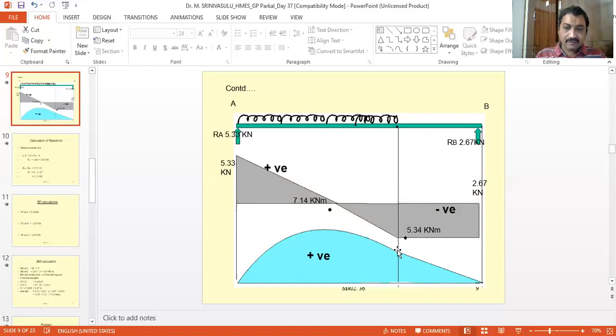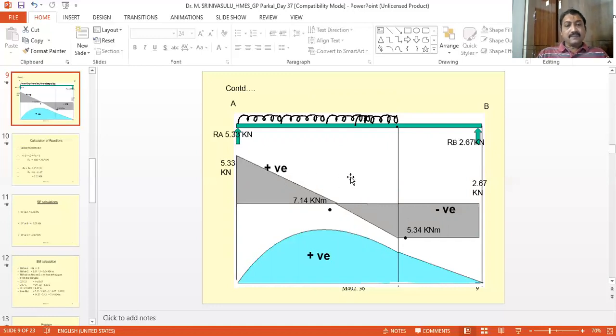And here all the values of the bending moment are above the zero line. Therefore this is the positive bending moment, whereas in the case of the shear force we call it negative and also positive.